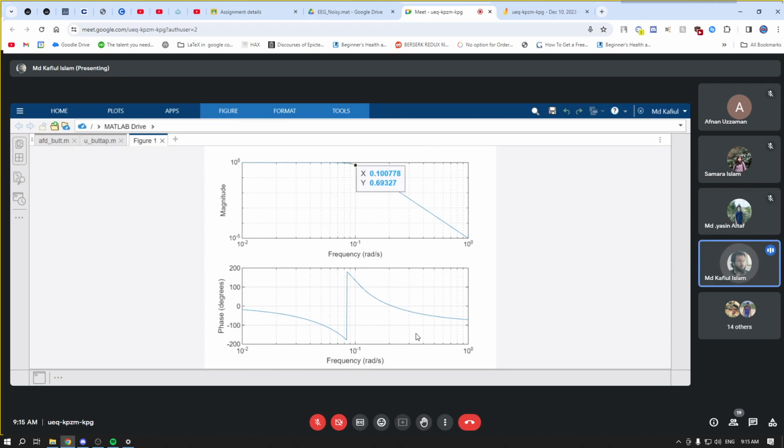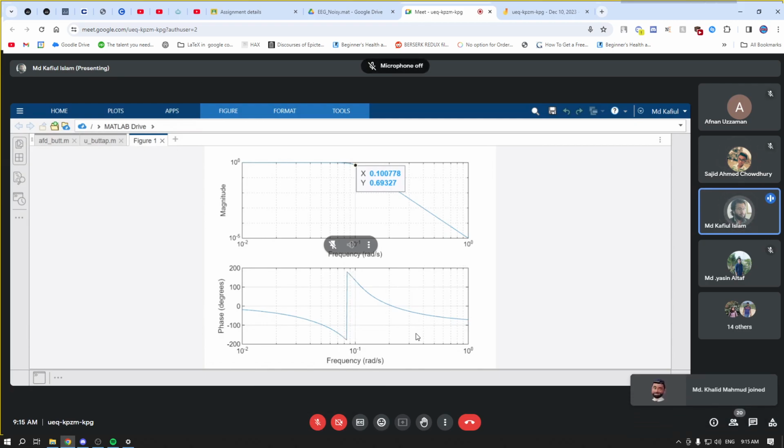Remember that we have talked about omega c as 0.1 cutoff frequency. So this looks like a good low pass filter which we can apply, right? How about the phase response? Is it linear or non-linear? Non-linear. Is there any discontinuity here? Sudden change?